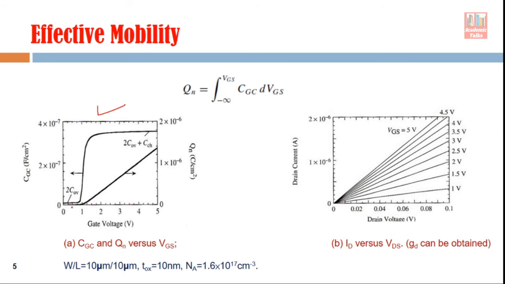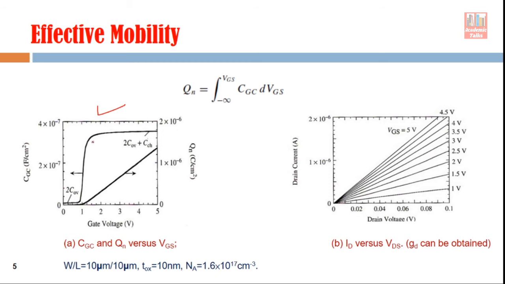In this portion, where low gate voltage was applied, the capacitance we got from the setup was two times the overlap capacitance, and in this portion it is two times the overlap capacitance plus the channel capacitance, right?